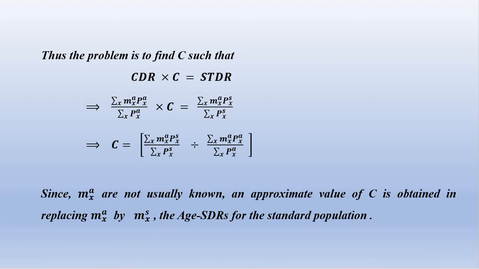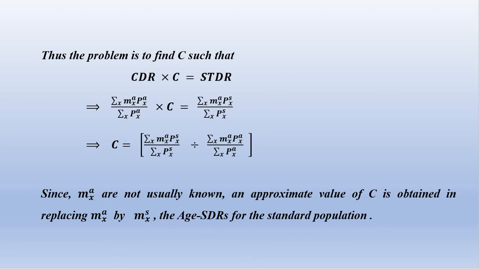This is the standardized rate. So after simplification, C will be like this. Since mxa are not usually known, the specific death rates for the particular region may not be known, so an approximate value of C is obtained by replacing mxa by mxs.